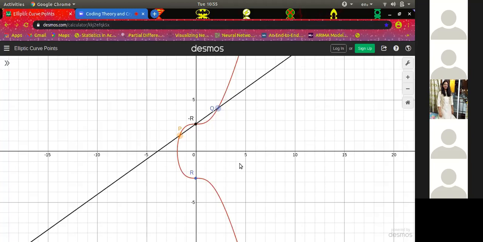Now, over to your question. He is asking whether it is commutative or not. The way he defined it, are P plus Q and Q plus P the same? That is what he's asking.